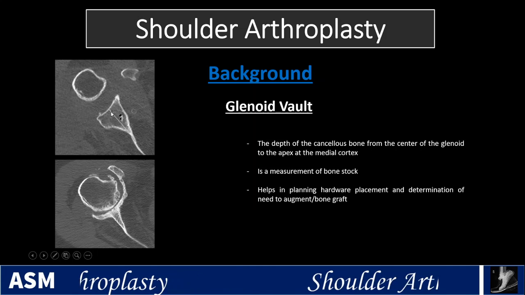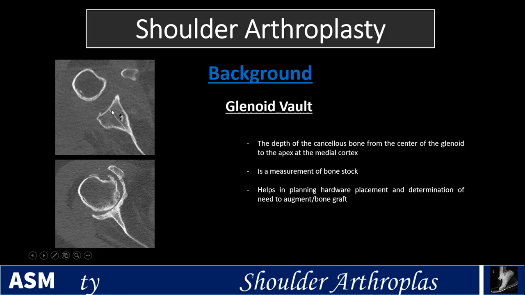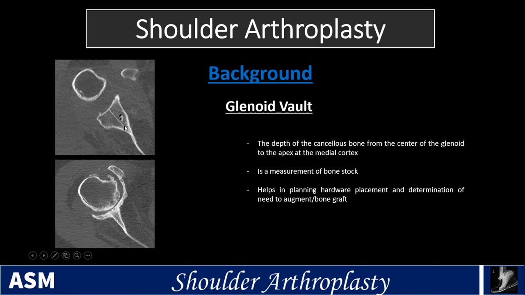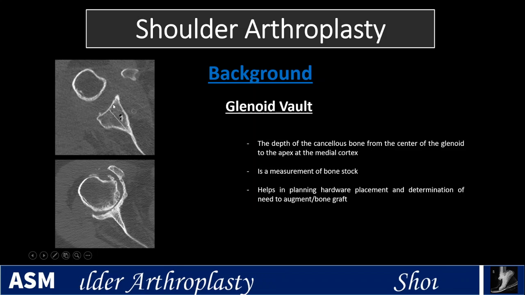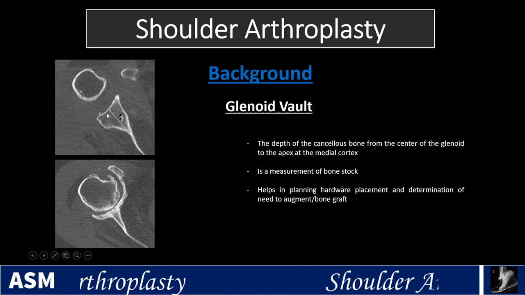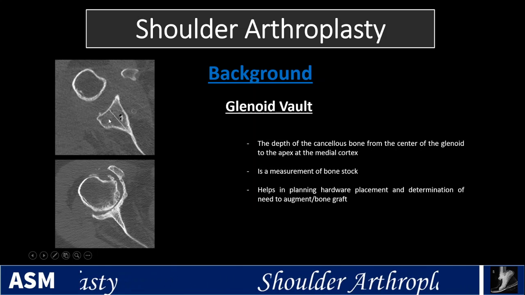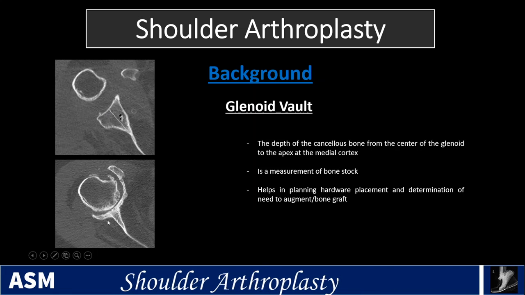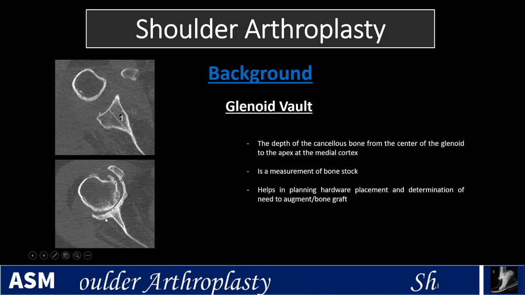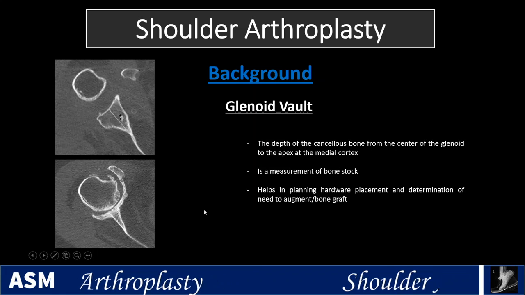The measurement is made basically center from the subchondral bone plate to the apex of the triangle. But not only do you want to measure that, you also want to look for symmetry, anterior and posterior, because you can have preferential wear in either location. Commonly, you're going to see it posteriorly. If you have excessive posterior wear, there may again be a need for augmentation or bone graft.